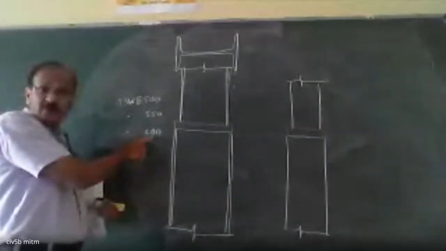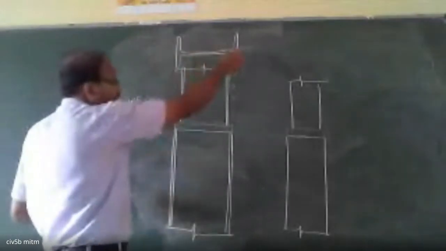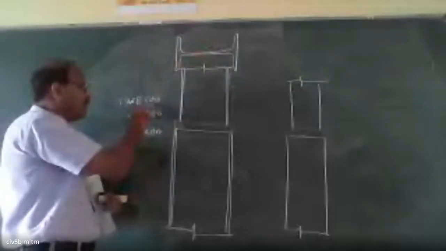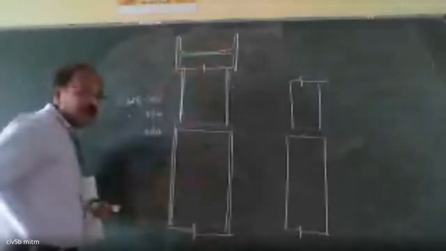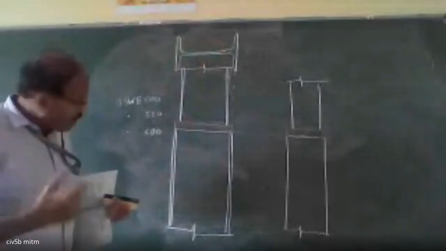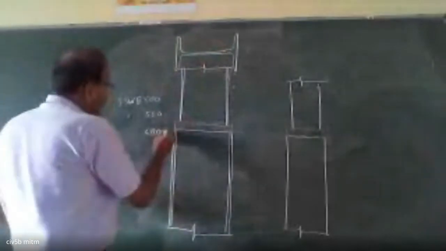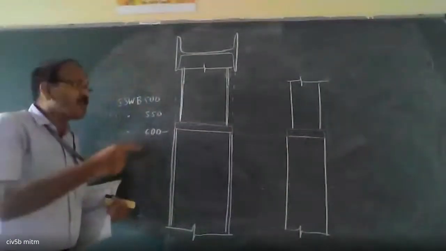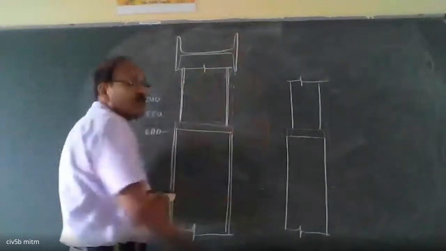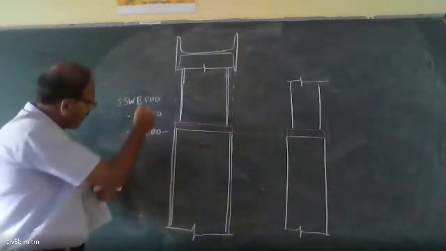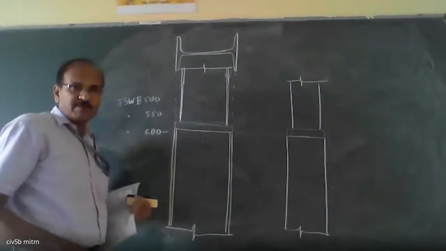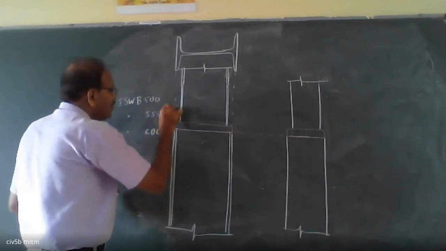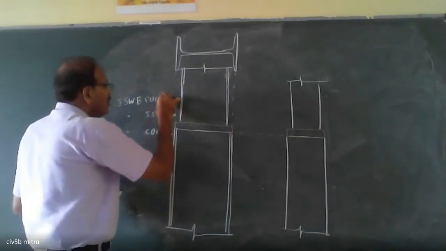ISWB 600 will have 600 millimeter depth of the I section, that is this one. 550 is the depth of the I section. 500 is again the depth of the section. So normally what do you expect? This will have certain width of the flange, it will have some size. For some sections, as depth varies, even the flange width varies. If I take these 3 sections, for example, here flange width remains the same, 250 millimeter, 250 millimeter, 250 millimeter.